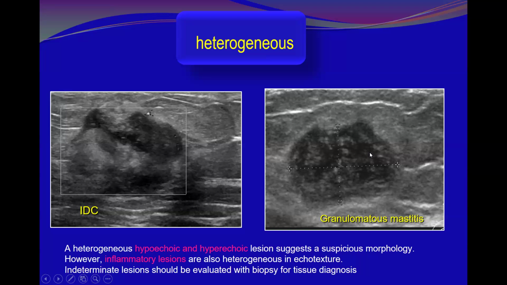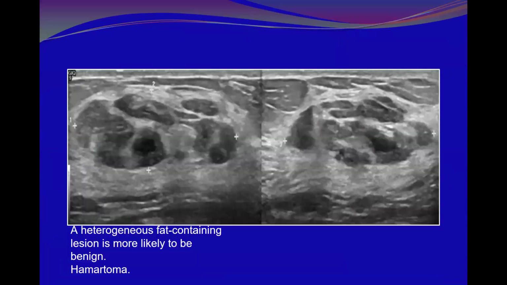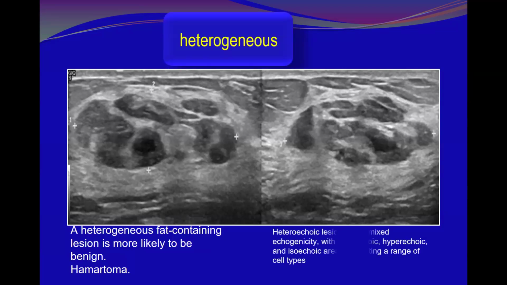So along with cancer, an inflammatory process within the breast can give heterogeneity of hypo and hyper echogenicity. And whenever the lesion is heterogeneous with a fat component, it suggests benignity, as in this case of typical hamartoma.